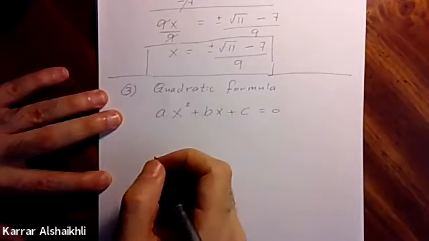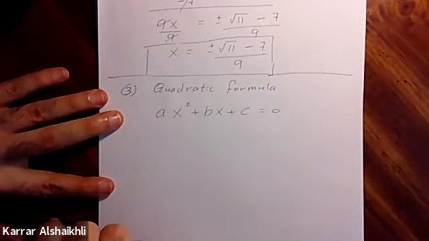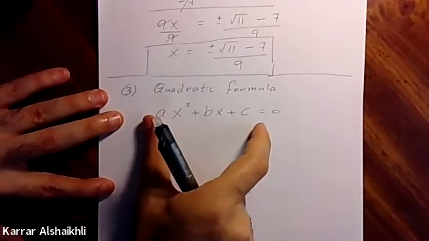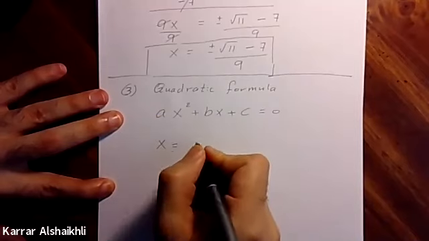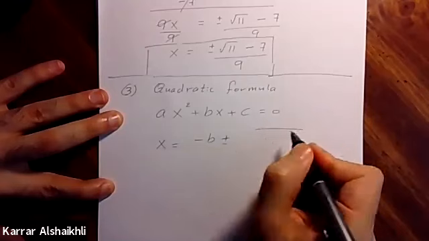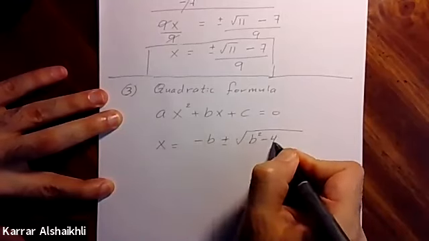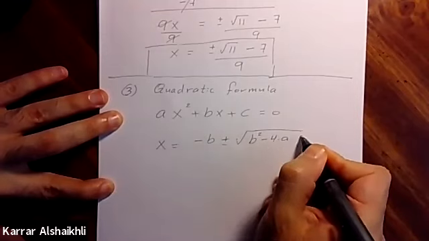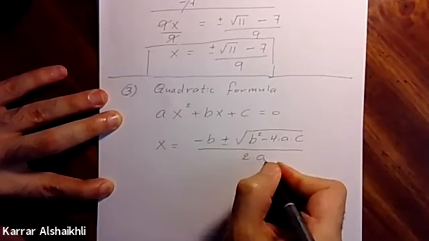So here's the formula. If you can't use the AC method to find the solution, you can't factor this part, you're going to use this formula, which is x equal negative b plus or minus the square root of b squared minus 4 times a times c, over 2 times a.